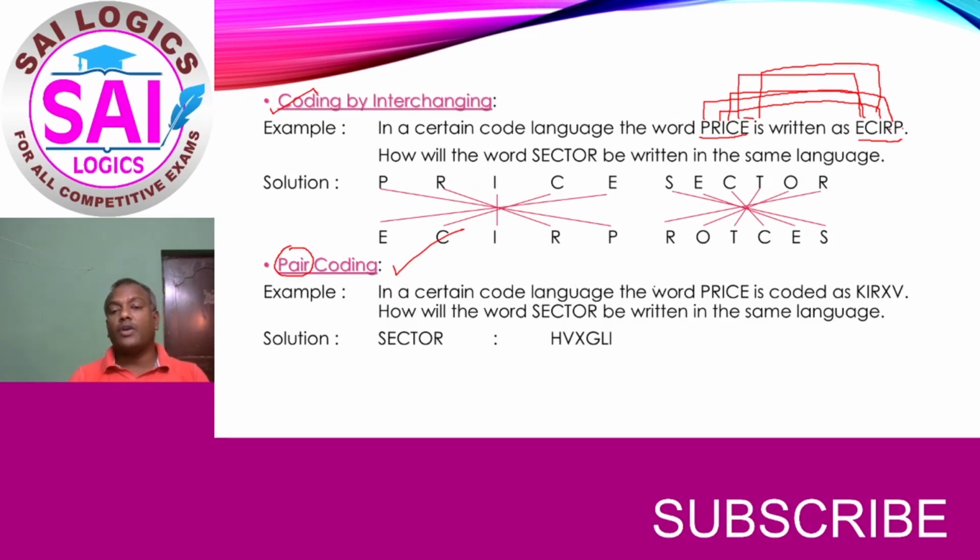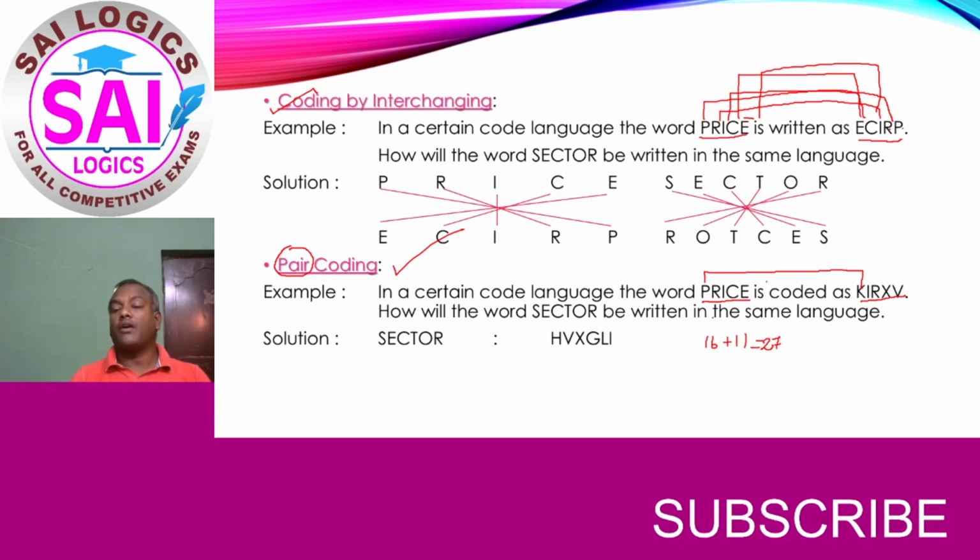In a certain code language, again the same price is coded as KIRXV. The moment you see P and K, we have to understand that KP means keep. That is what we discussed earlier. Keep will have K and P. So P is 16 and K is 11. So both will combine to become 27.